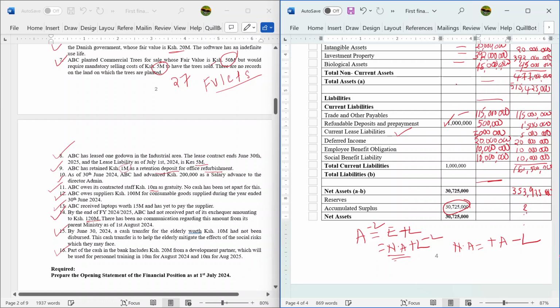Whatever we have calculated here as asset adjustment, it is a plus. So finally, if you start with the opening balance of 3725 and add all asset adjustments and minus all liabilities, you will arrive at the same figure, which is 353,925,000.